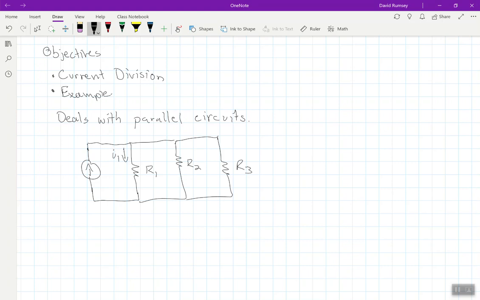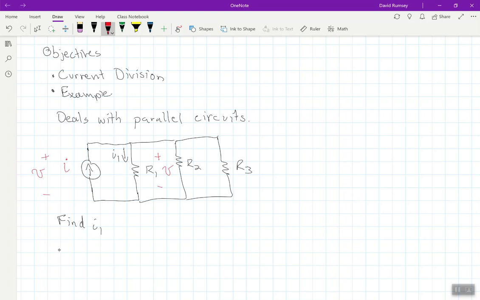Now let's say we want to find I1. Well, we have a current source here, I'll call this I, that's coming up, and then it's dividing amongst these three resistive branches. And we want to know what the current I1 is. Well, remember, again, we said this is in parallel, so the voltage we know is the same across any of these components. The voltage that I measure, and I'll even put one more here, these are all the voltage V.